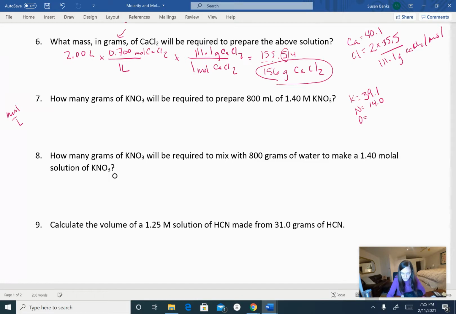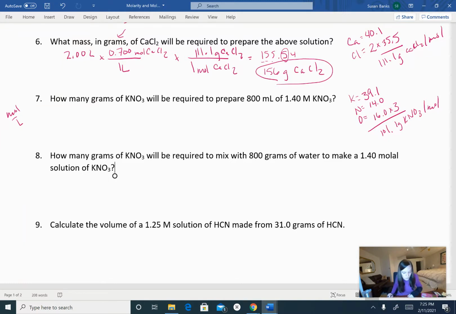And oxygen, 16 times 3. So when I add that potassium nitrate up for molar mass, I get 101.1 grams of potassium nitrate per mole. Okay, there's our molar mass.